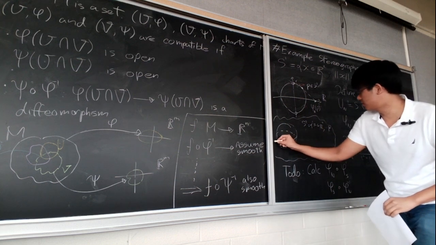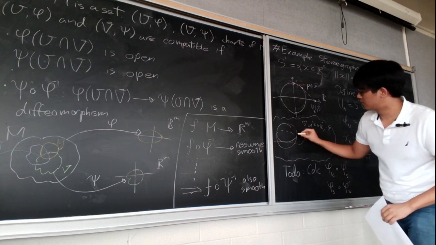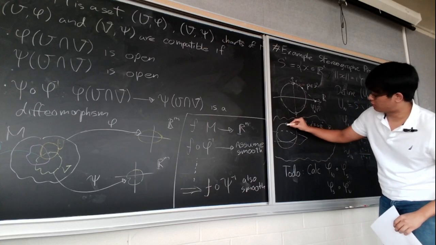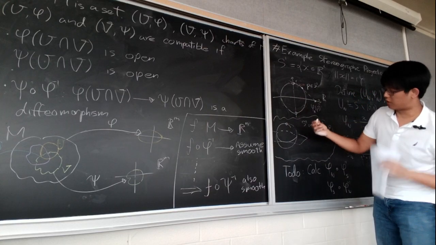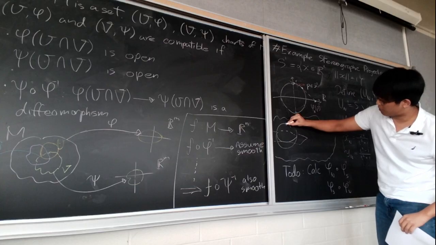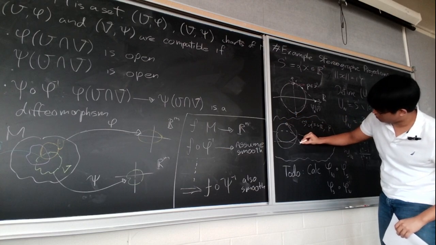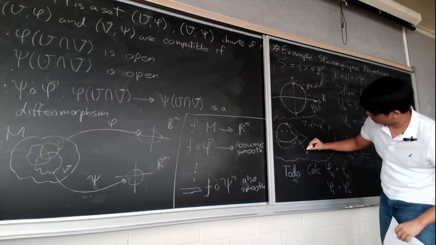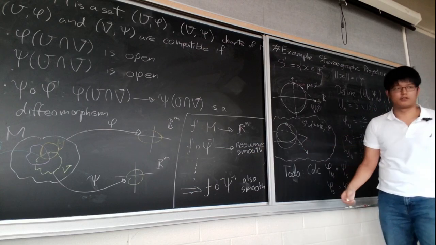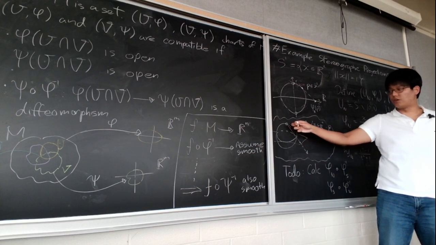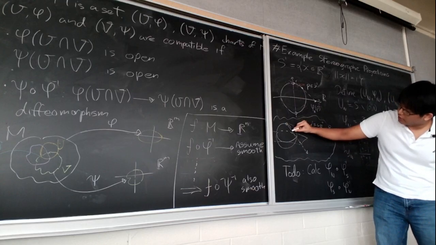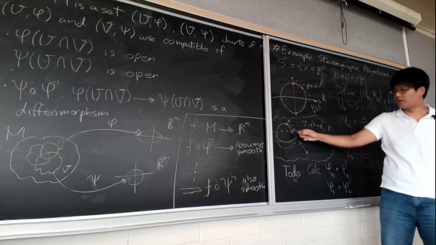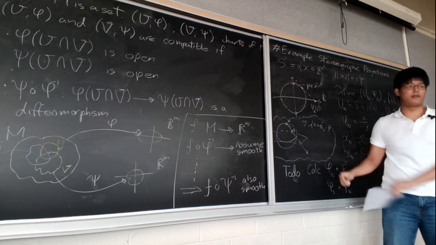Here's the North Pole. We're going to draw a 3D line from the North Pole through some point on the sphere, and then you hit the XY plane.